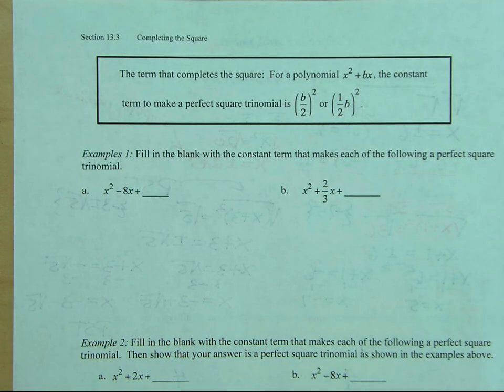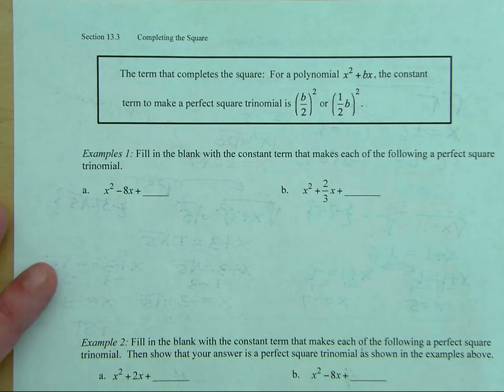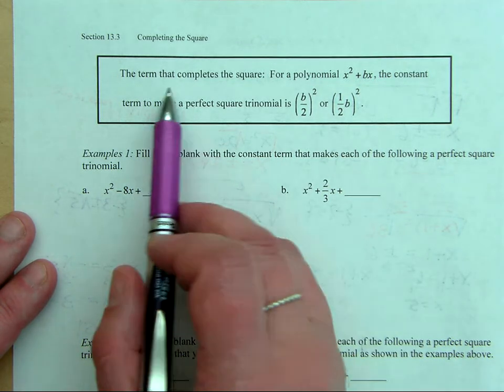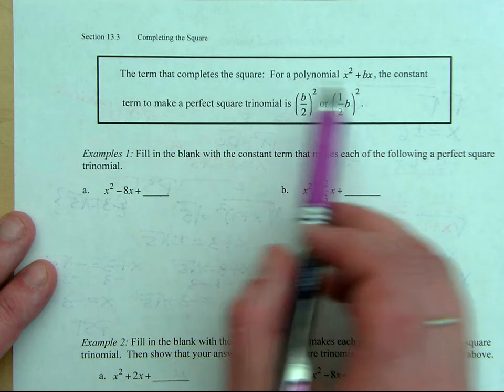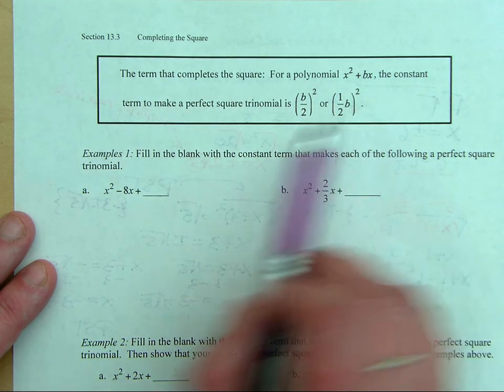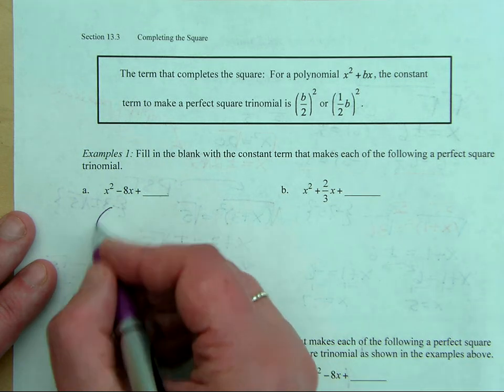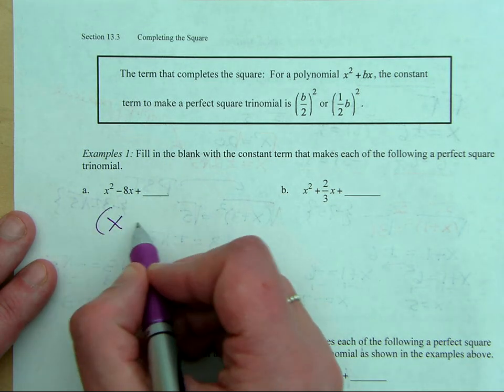And it comes exactly from this idea of the PST. So what we notice is the term that completes the square is going to be whatever makes this a perfect square trinomial.